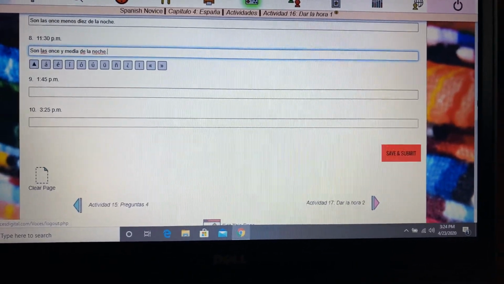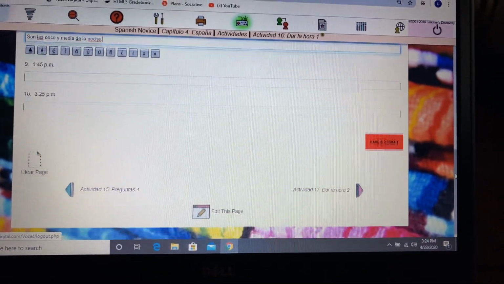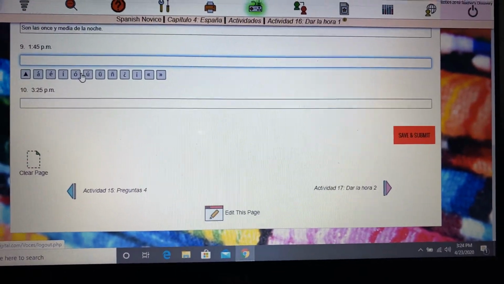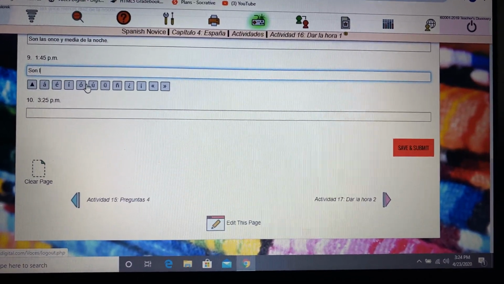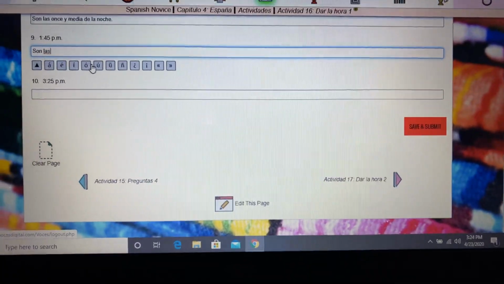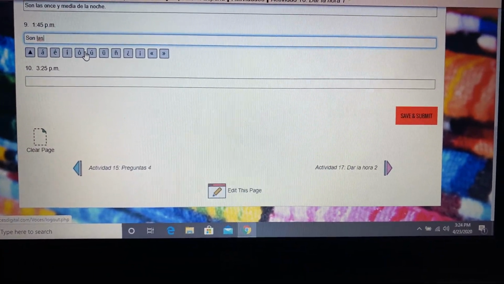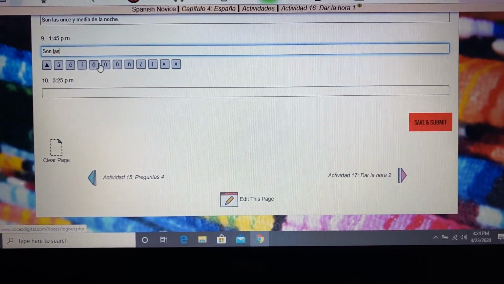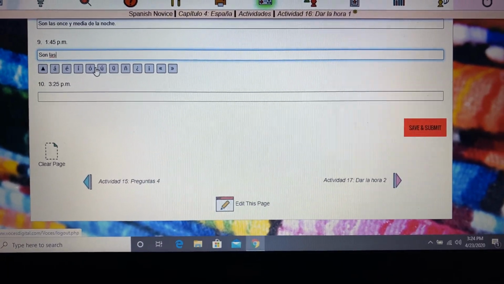Okay, 1:45 p.m. This is afternoon. So this is going to be, again, son las. Now, why am I using son las instead of es la? Because it's 1, right? Well, no, because the minutes are more than 30. I need to bump up to the next hour.